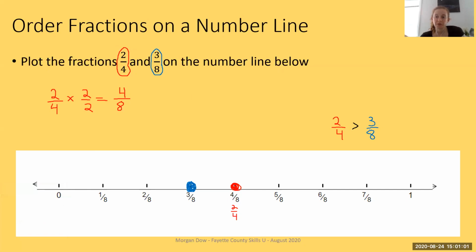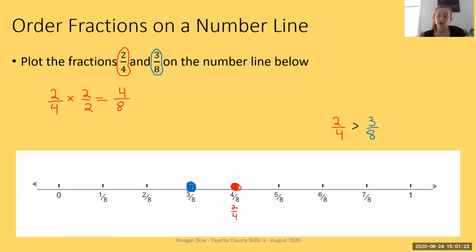So when you're dealing with a number line where you've got a whole number that's been broken up into parts, first thing you need to do is figure out what parts it's been broken up into. So in this case, the whole number has been broken up into eighths, right? There's 8 equal parts between 0 and 1.